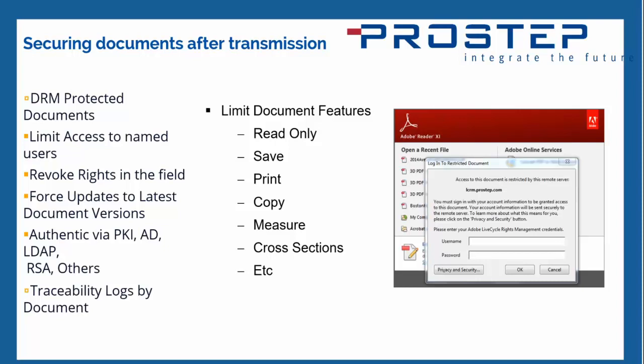It also gives the opportunity to have named users for access. You'd be able to revoke those rights later if something is sent out and now a new version is available, or it's something that you don't want to share anymore. So there are ways to manage who sees what, whether it's internal within your organization or external.